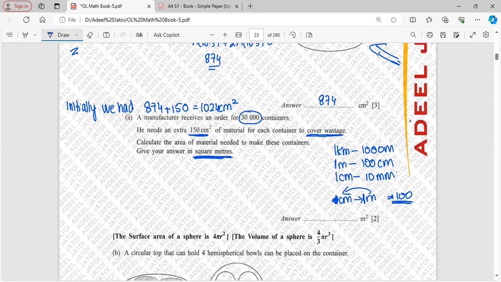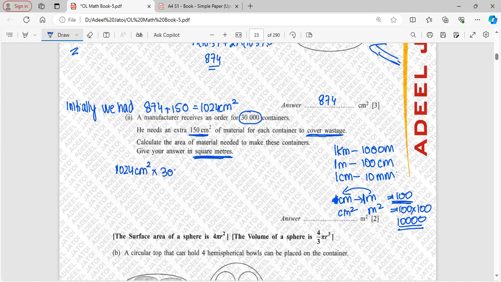But if we talk about centimeter square and meter square, this would be 100 into 100, so 1, 2, 3, 4, we need to divide it by 10,000. But we'll be dividing the total material needed, because that will be in centimeter square. So what you need to understand is 1024 was for 1, this was centimeter square.